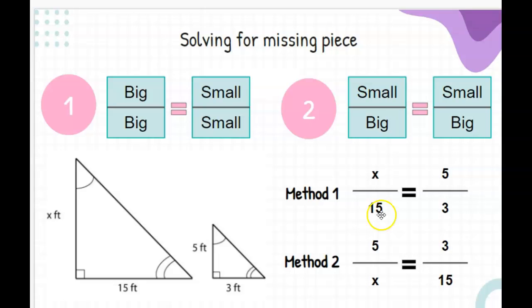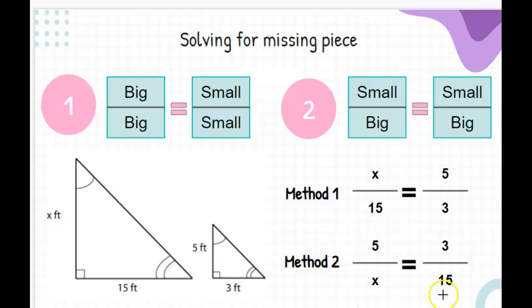Now, a lot of times the way that I write this, I typically write it as method 2, which is I take the small side, which would be 5. I usually like either small to big or big to small. It doesn't really matter, but in this case, we're going to do small to big. So small side is 5, big side is X because they go together. Small side is 3, big side is 15.